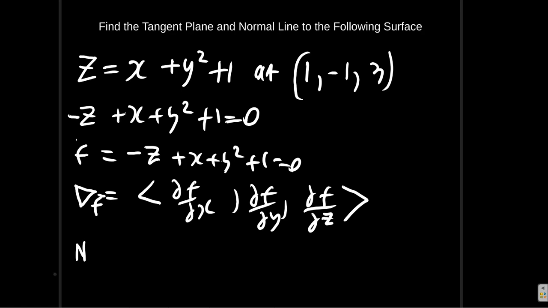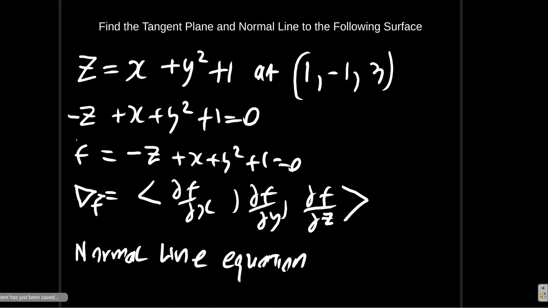The equation of the normal line is going to be x equal to x0 plus the gradient, delta f by delta x, multiplied by the parameter t.